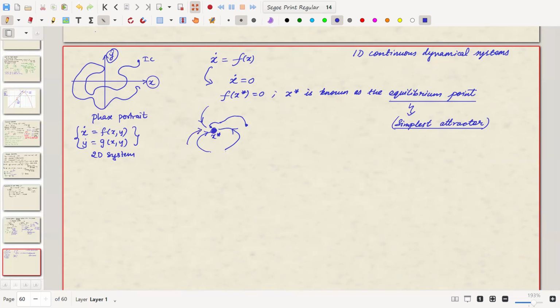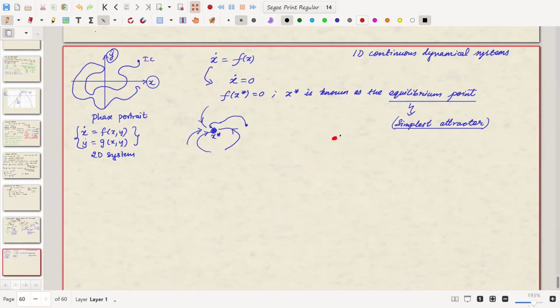Yes. You might say there can be a case where they are repelling, where they're unstable. As I told you before, in nonlinear dynamics I follow two colors: I write stable in blue and unstable in red. So suppose this fixed point is unstable. What happens to a nearby trajectory?